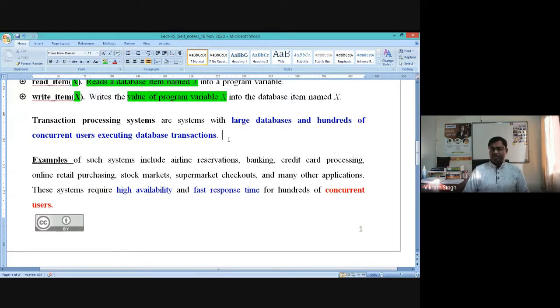Now with this basic definition and impression of database transaction processing, in the real world there are many systems supporting this kind of transaction processing for a huge number of users, right? One of the best examples in the Indian scenario is the Indian Railways ticket booking system.